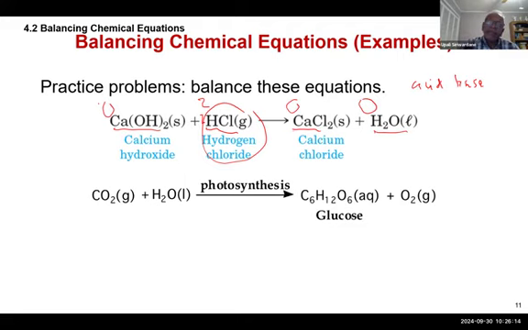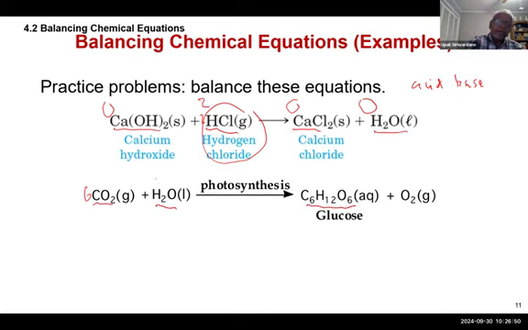Photosynthesis is an oxidation-reduction reaction. Photosynthesis is the light-assisted conversion of carbon dioxide with water to produce glucose. That's the basic photosynthetic reaction. Now, this is kind of complex. You can see there's going to be 6 here, then 12.